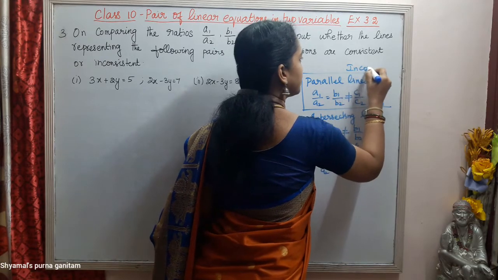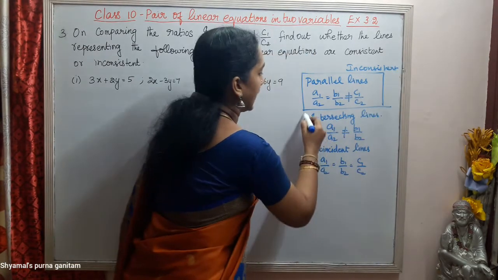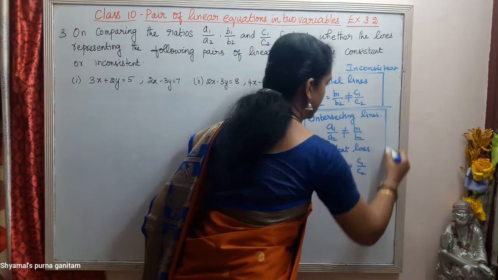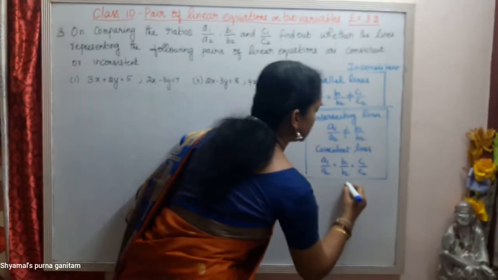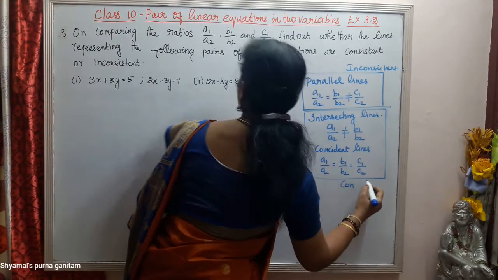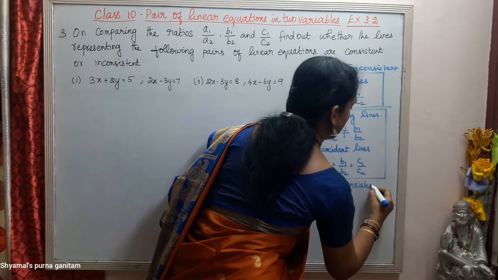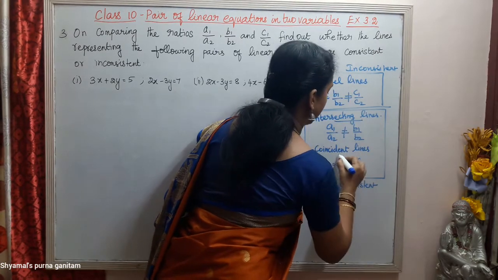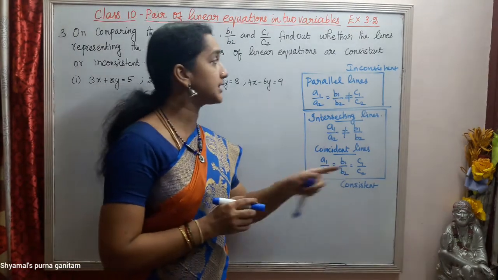Parallel lines are inconsistent. Intersecting lines and coincident lines form a consistent pair.